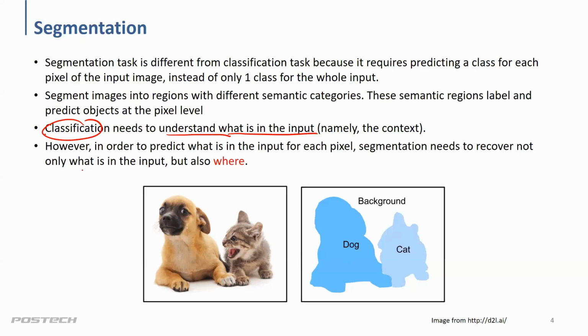But segmentation needs to know not only what is in the input but also where, because we have to tell each object at the pixel level. So what's in the input, as well as its location.